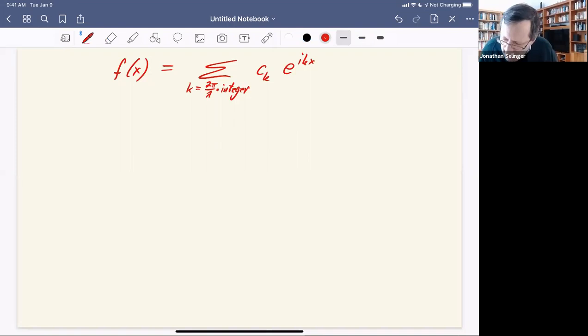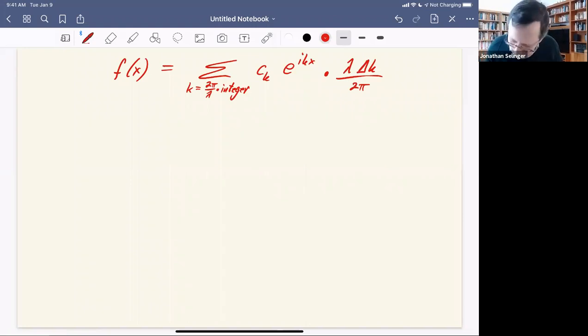Let me write a fancy form of the number 1: lambda delta k over 2 pi, because I already showed you that that's equal to 1.